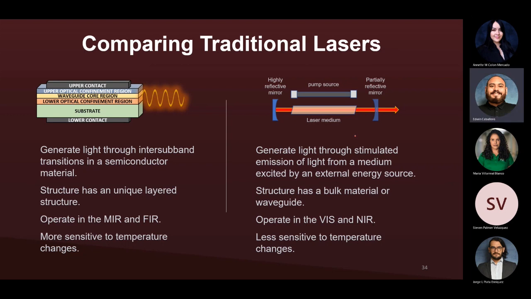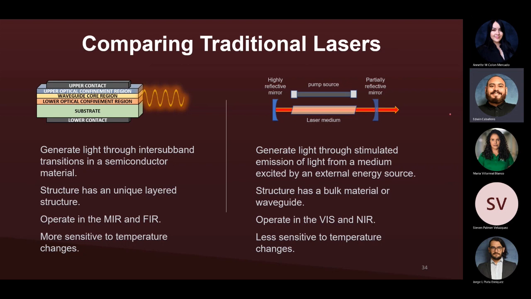When you have a traditional laser, you have a medium that's usually a crystal or a gas that you basically pump electricity into, and then it's going to generate the effect and produce a light beam. With a quantum cascade laser, you can use electricity to make the different inter-subband transitions from one quantum well to the other to generate the beam of light with layers of semiconductors. And that's the main difference between both.